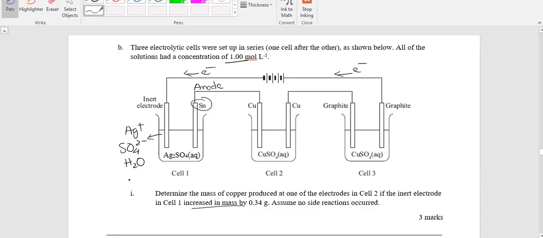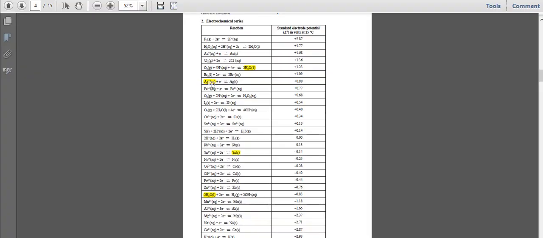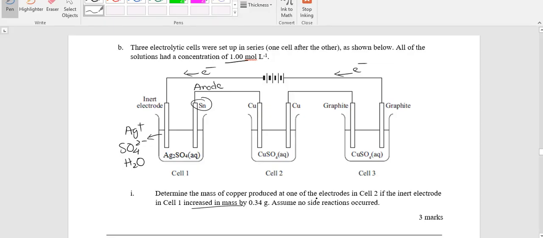Now this is a very interesting situation here. You can assume that there may be a spontaneous reaction between Ag+ and Sn, but that is not going to increase the mass of the electrode. And the question says that the inert electrode in cell 1 increases by 0.34 grams.